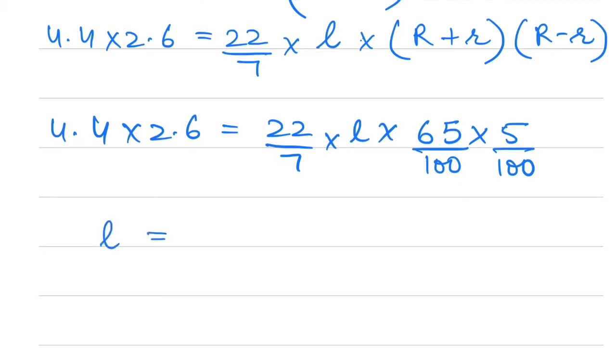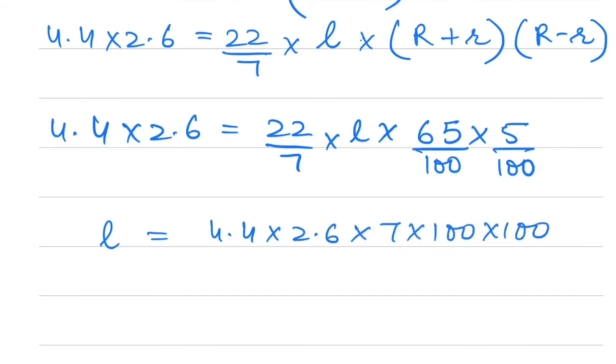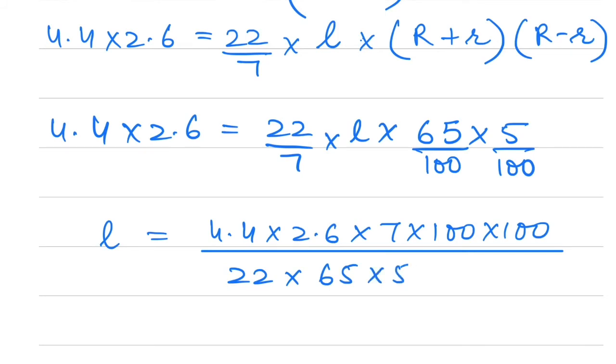Now L is equal to 4.4 into 2.6 into 7 into 100 into 100 divided by 22 into 65 into 5. Now 2 zeros are gone for these two decimal points.